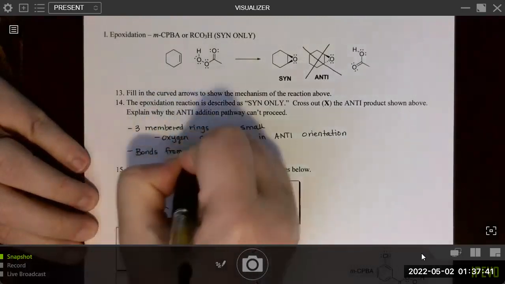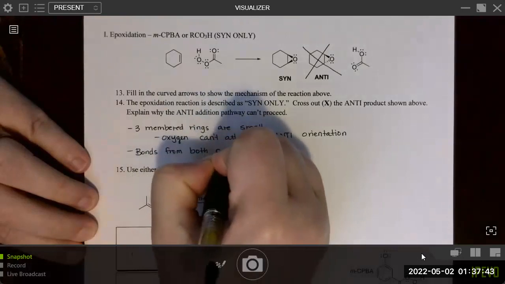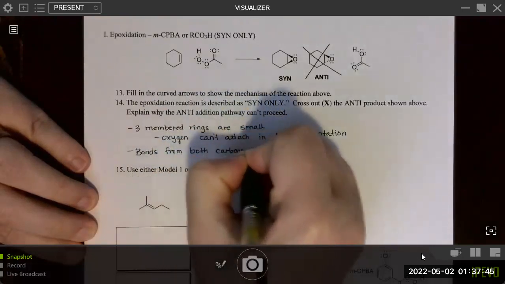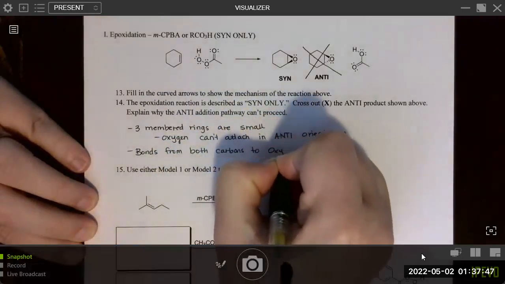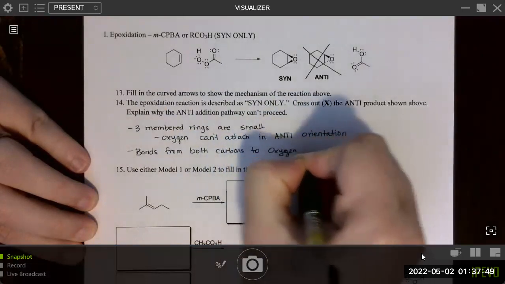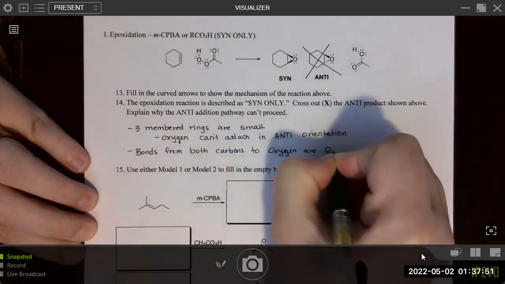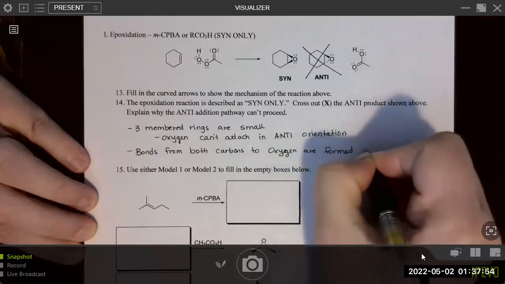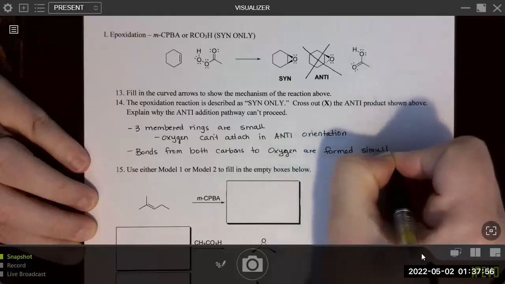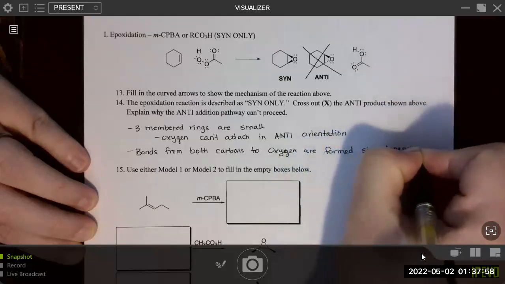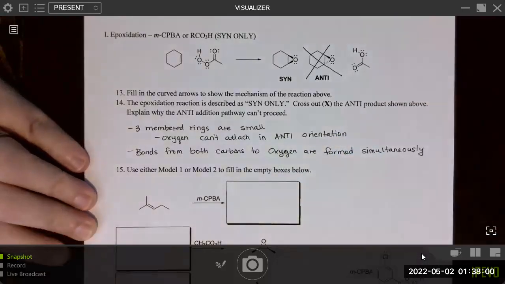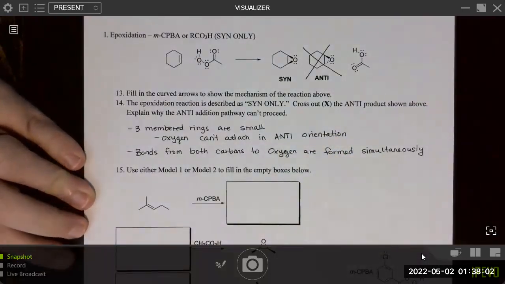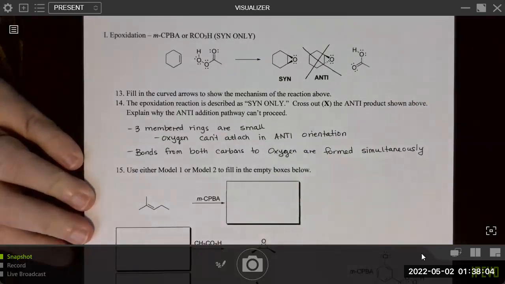Bonds from both carbons to the oxygen are formed, you can think of it as simultaneously or concertedly, right? All in step. Okay, let's go ahead and draw in the mechanism.